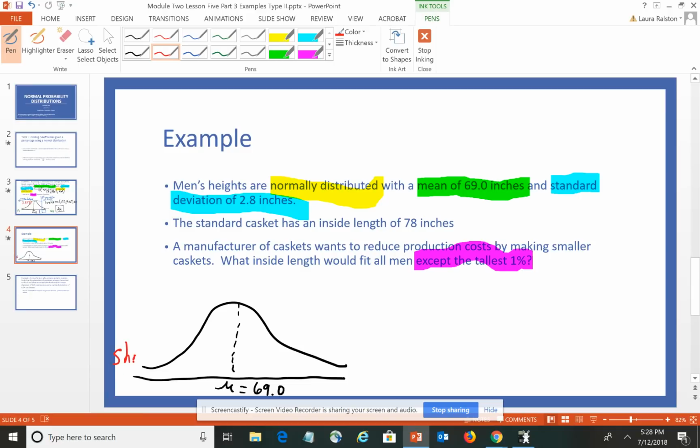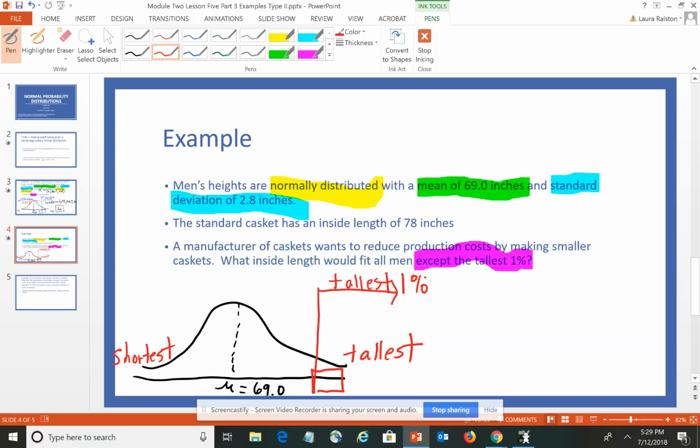Remember, this would go from the shortest person to the tallest person. We always go small to large. So if I'm cutting off the top 1%, that's going to be somewhere along in this area, and I'm looking for that cutoff score. So this region here to the right would represent the tallest 1%.